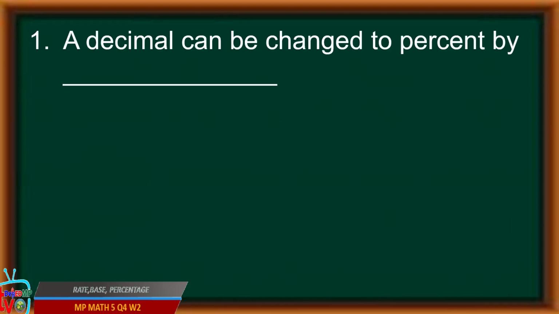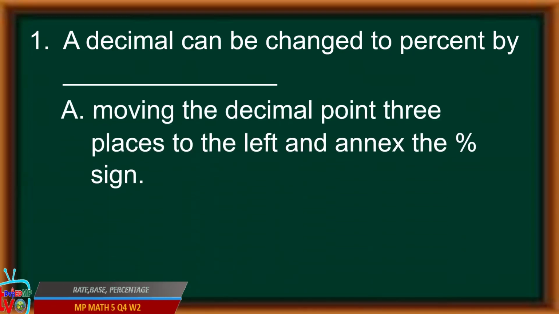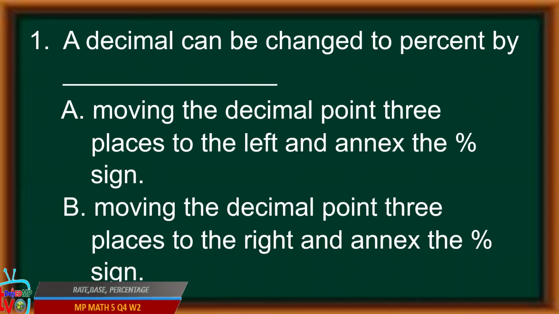Number 1. A decimal can be changed to percent by blank. A. Moving the decimal point 3 places to the left and annex the percent sign. B. Moving the decimal point 3 places to the right and annex the percent sign.